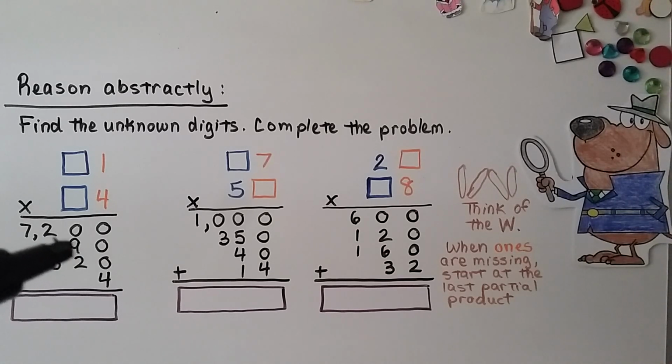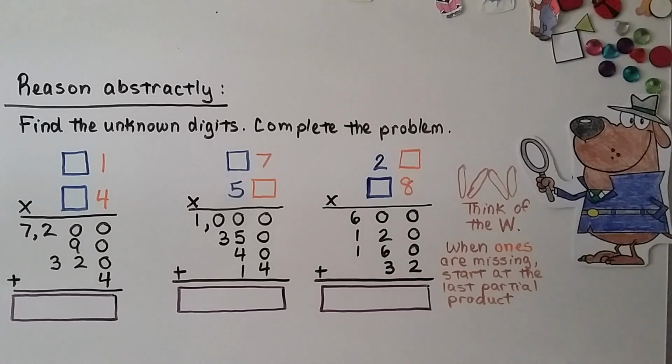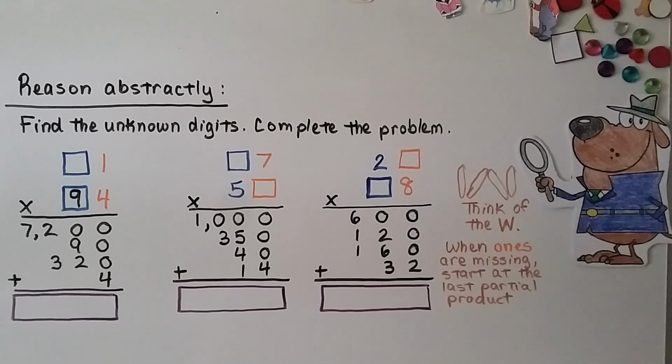This partial product says 90. 1 times some amount of tens is equal to 90. Well, 1 times 90 is equal to 90, isn't it? And if we wanted to write 90, because that's a tens place, we just put a 9 there. And that makes sense. We have 94, so that's 90. 1 times 90 is 90.